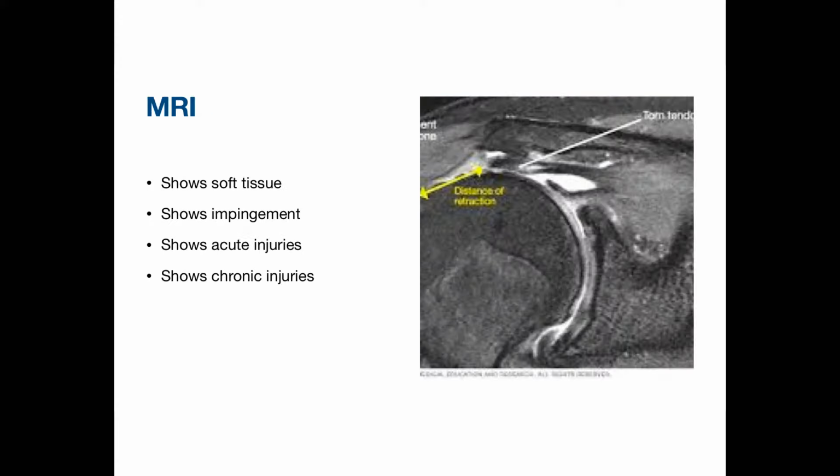So what does an MRI do for us? Oftentimes patients are confused about the difference between an MRI, a CT scan, and a regular X-ray. The MRI is really good at showing soft tissue injuries. It shows impingement and the rotator cuff tear, as we see in this slide. It also helps differentiate between acute injuries versus chronic injuries.